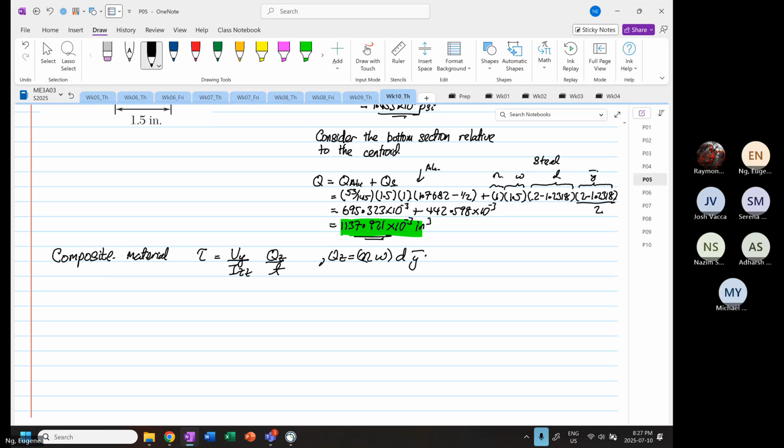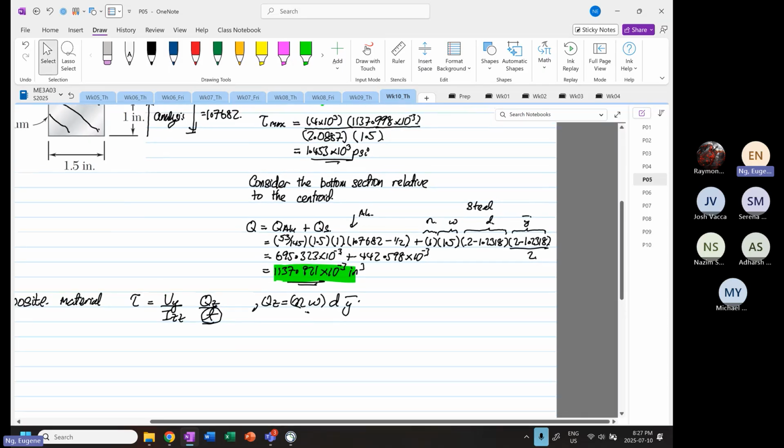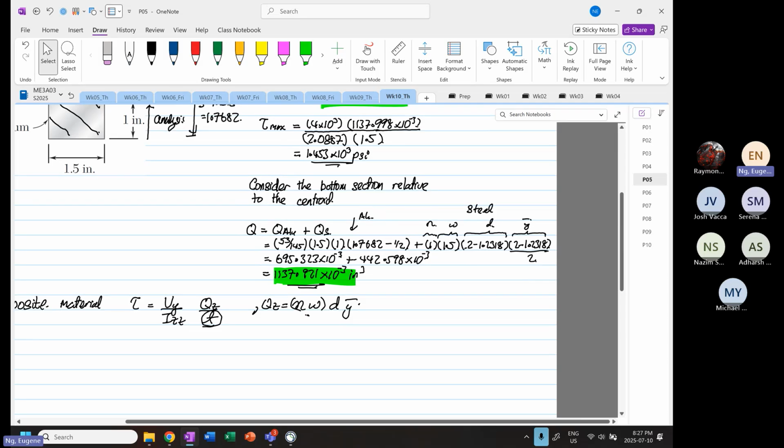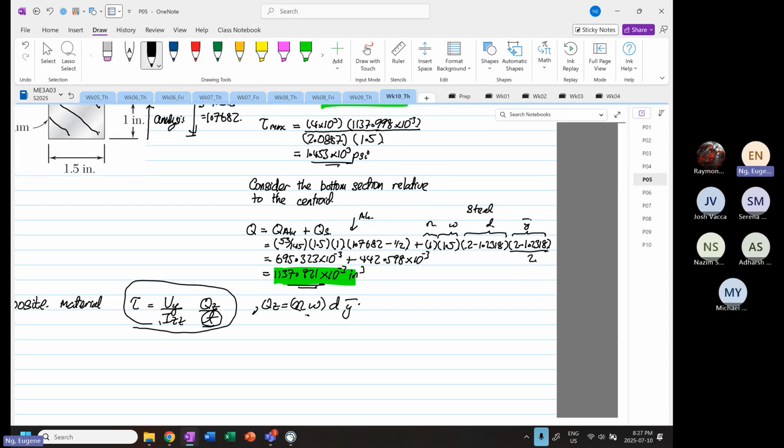So that's where our QZ comes into this stage. And the thickness in this formula is always a constant. Are we clear?